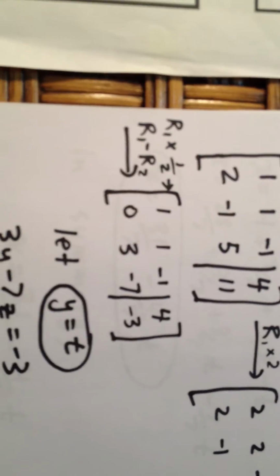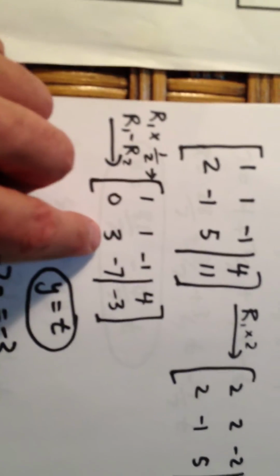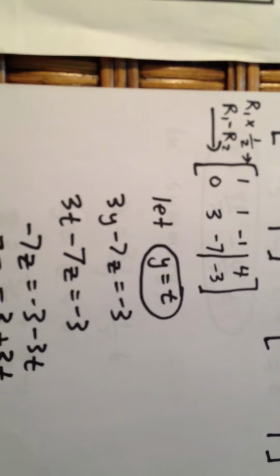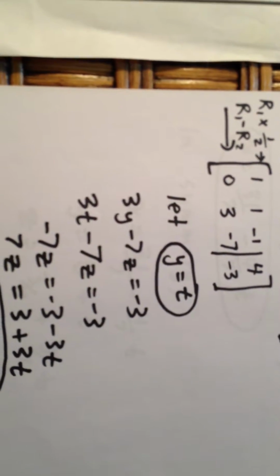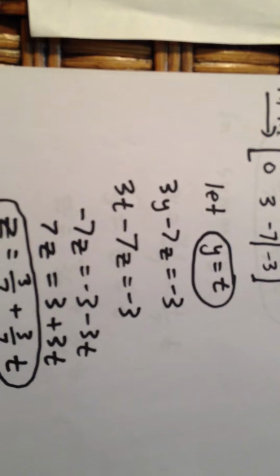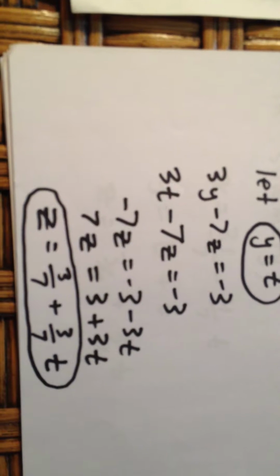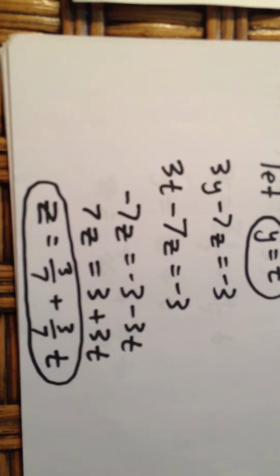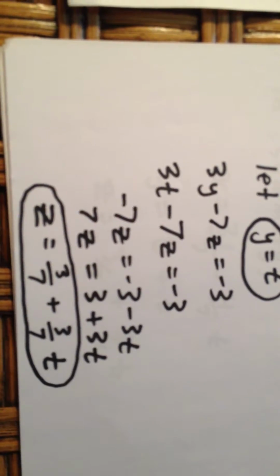And now what we can do is we can say let y equal t. And by letting y equal t, we're in a position to now solve for z in terms of t. 3t minus 7z equals negative 3, which means ultimately that 7z is 3 plus 3t, and z is 3/7 plus 3/7 t.